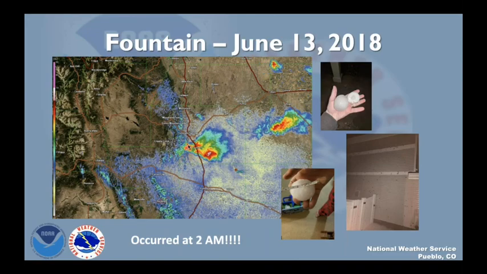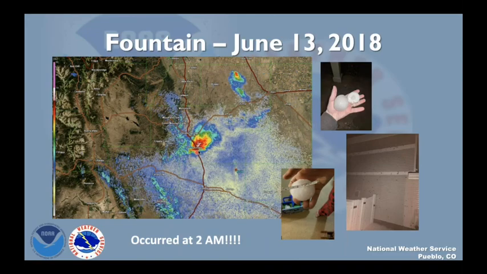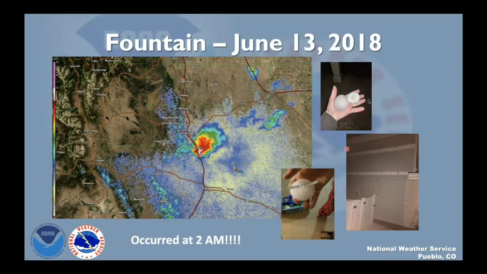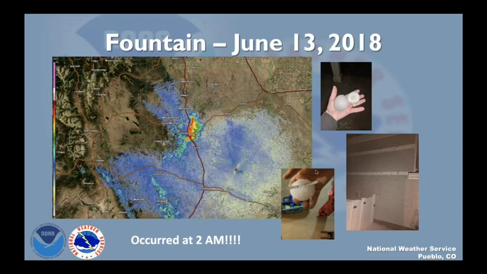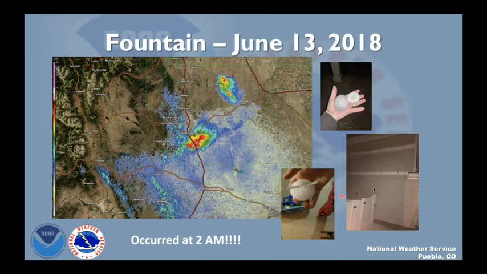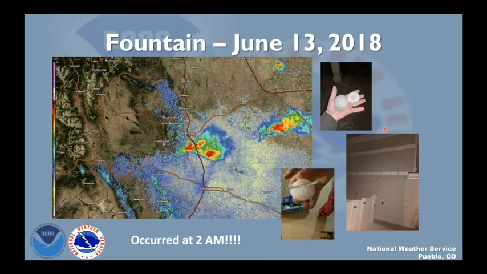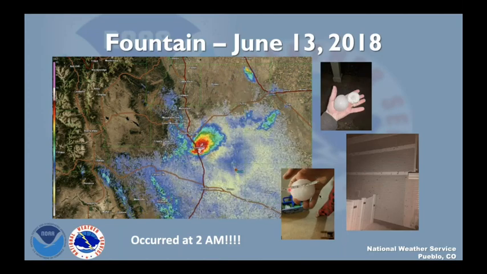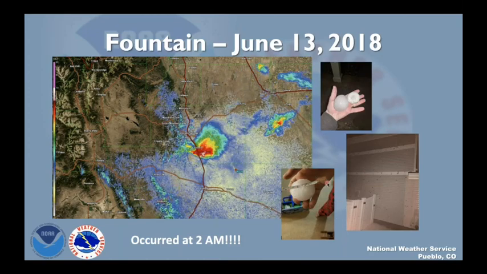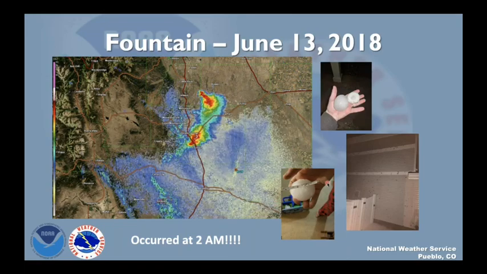It tapped into a lot of instability, formed further south, went over Fountain, went over Fort Carson, and this occurred. This is courtesy of our old meteorologist in charge, Jennifer Stark. This is her side of her house. This is the size of the hailstone, and those are jam jams. Note, I'm also wearing jam jams because I'm at home.